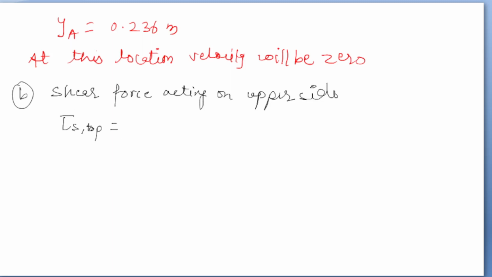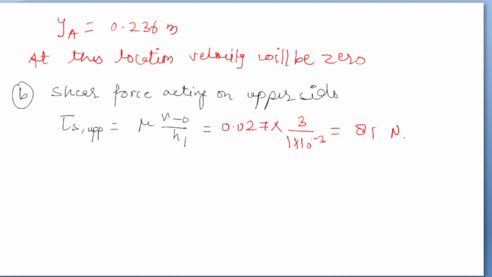mu times (v minus 0) divided by h1, which is 0.27 into 3 divided by 1 into 10 to the power minus 3, which is 81 Newton per meter square.